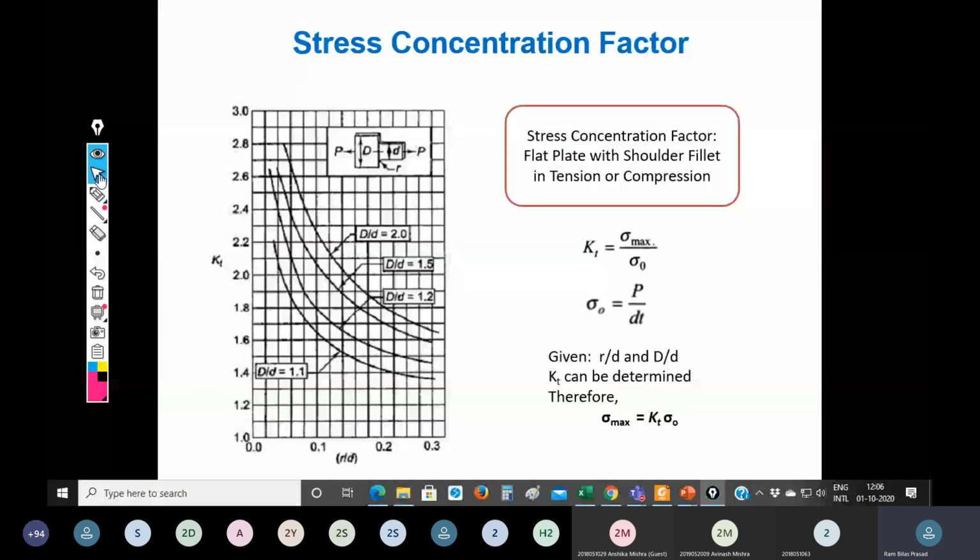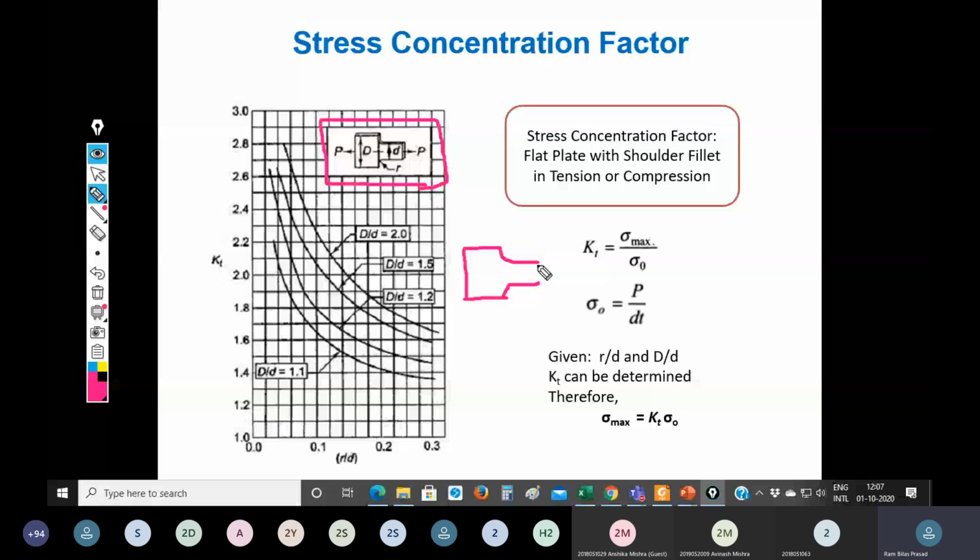this is a different configuration. Here in this case, you can see that the configuration is different. This is a plate where the width decreases after some time, right? Width decreases here, right?